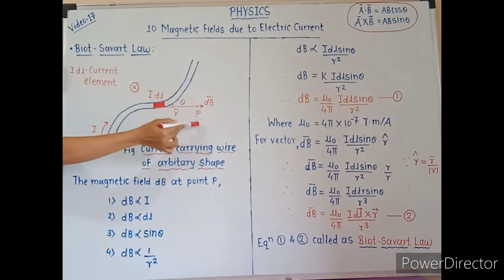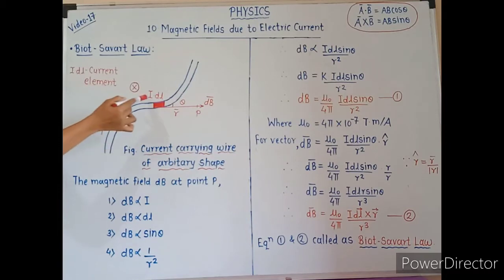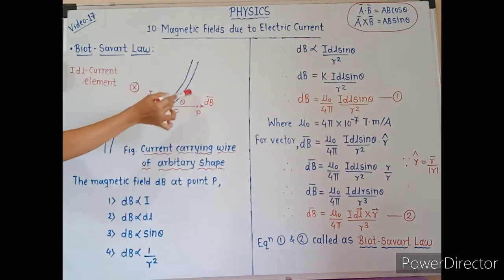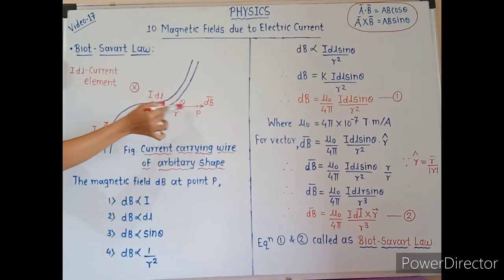Now this is point P, which is at a distance r from this current element Idl, and theta is the angle between this current element Idl and r bar.